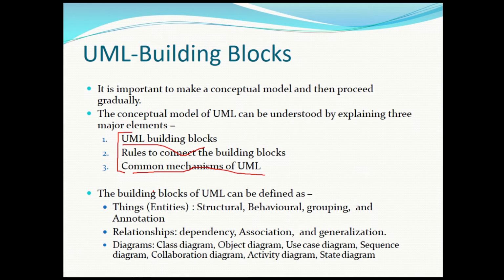Now the building blocks, we have three building blocks. We call them things, or sometimes entities. And then we have the relationships, and then we have the diagrams. Now, the things or entities are either structural or behavioral. Structural shows the structure of the system, the organization, the hierarchy of the system.